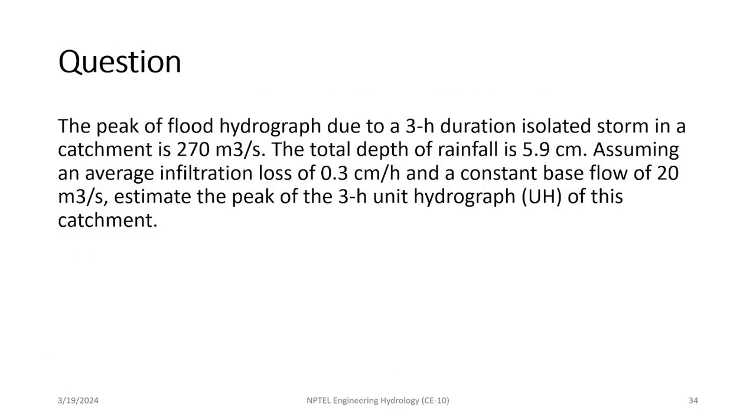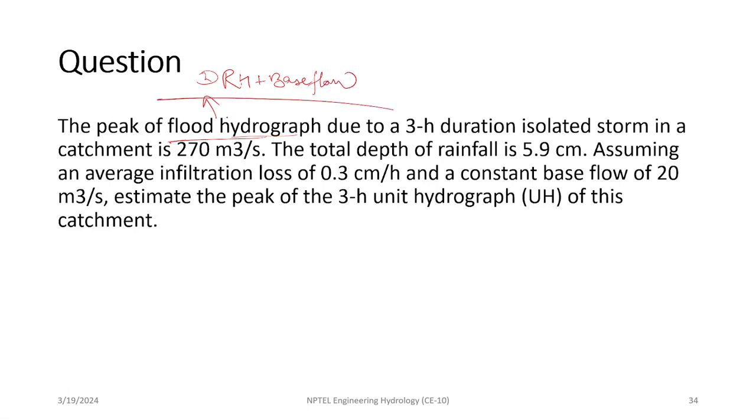Okay, coming to the question, I guess two more questions are there. This one is the second last, then there will be one more. The question is related to the flood hydrograph. How do we get the flood hydrograph? We get it by adding the DRH to the base flow.